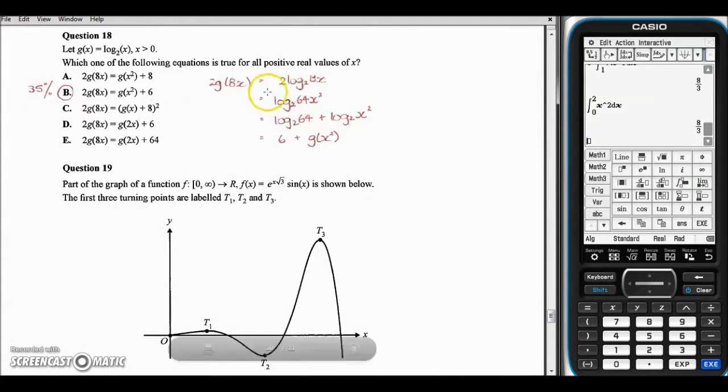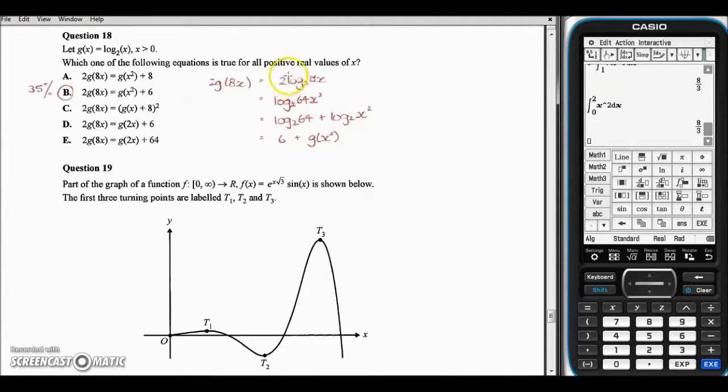Okay, 18. This is similar to a question that we did a little bit earlier. So if g of x is log to the base 2 of x, which one is true? So what you could do is work out what is 2g of 8x. So 2g of 8x is 2 times the log of 8x. You could do this by hand, or maybe the calculator will help you a little bit. I've done it by hand.